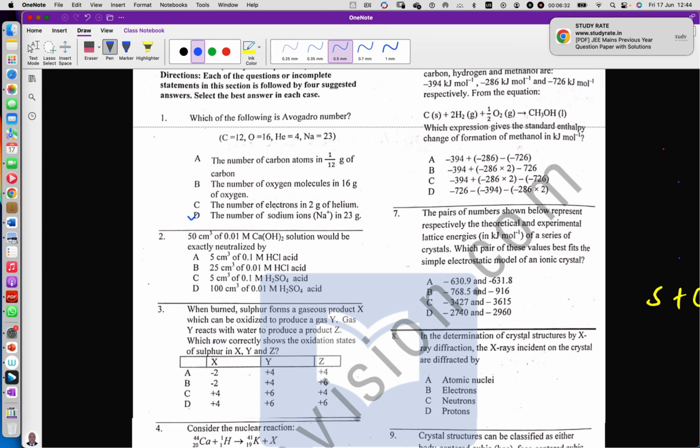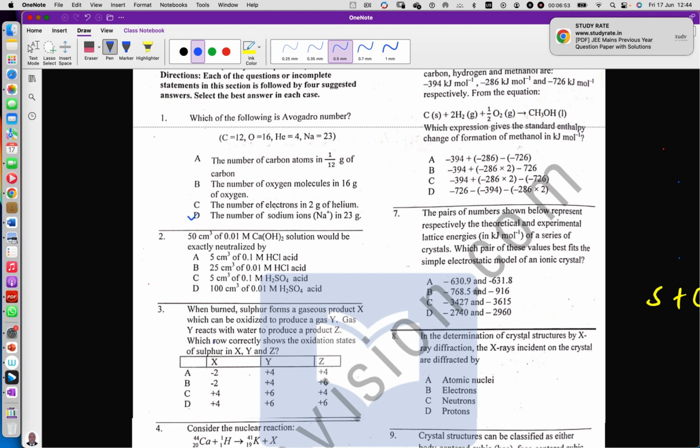So I now have 100 cm cube of 0.01 molar, and our answer to question 2 is D.